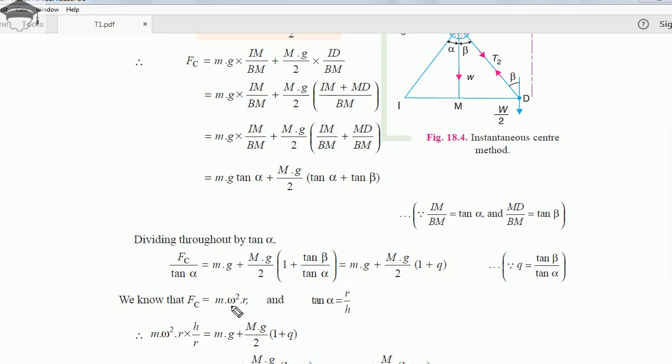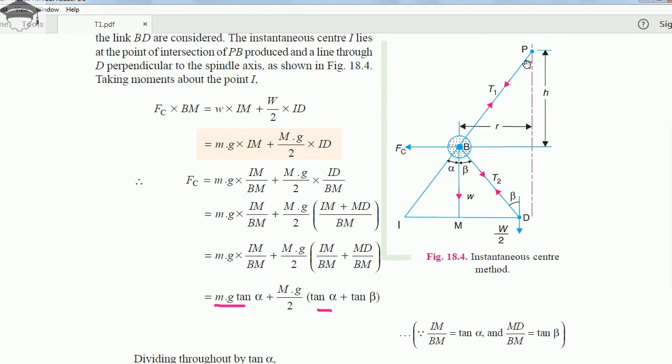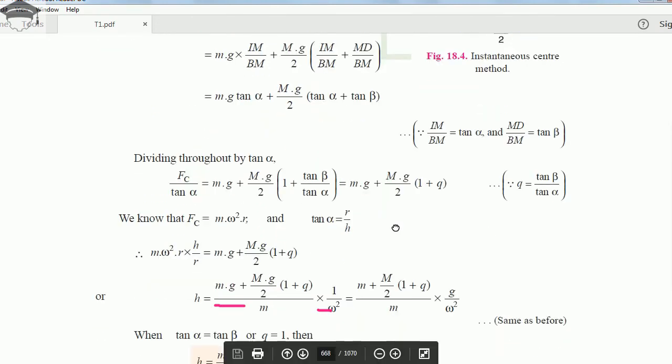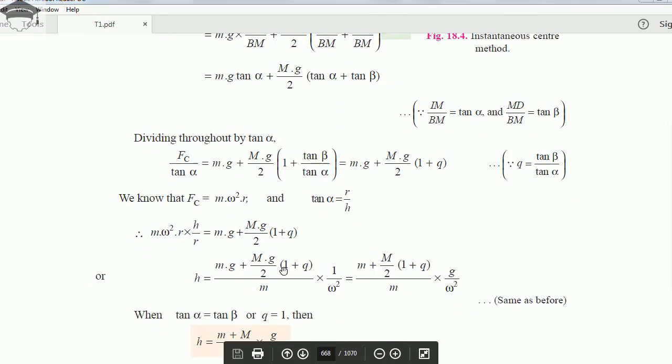We know that Fc equal to m omega square r and tan alpha equal to r upon h, perpendicular r upon base h. So we can substitute the values here, and Fc, that is m omega square r, into 1 upon tan alpha, that is h upon r, so r gets cancelled, equal to mg plus capital Mg by 2 into 1 plus q. So m omega square h equal to mg plus capital Mg by 2 into 1 plus q.